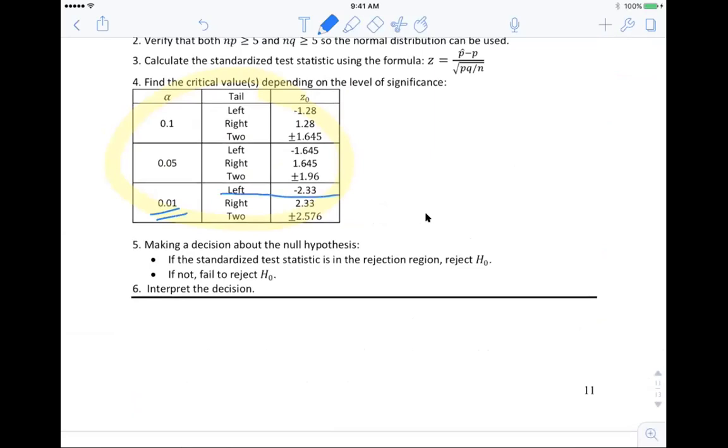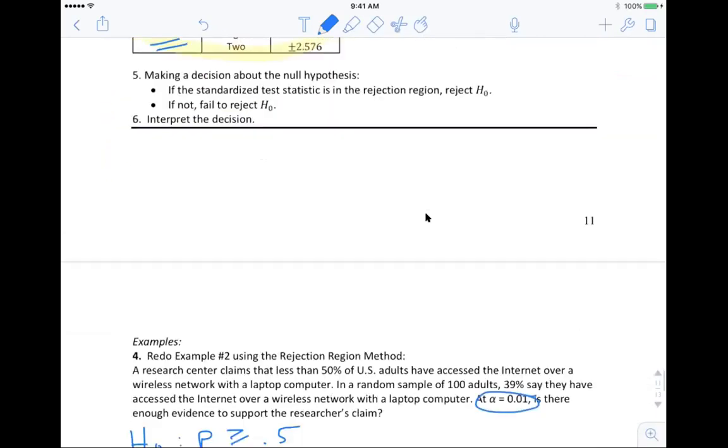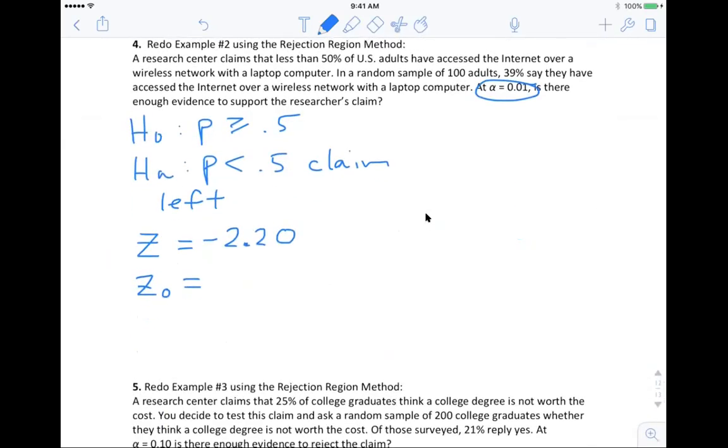It's negative 2.33. Okay, and then the way this works, to make your conclusion, draw that left tail, and the critical value is right on that shaded region right there.